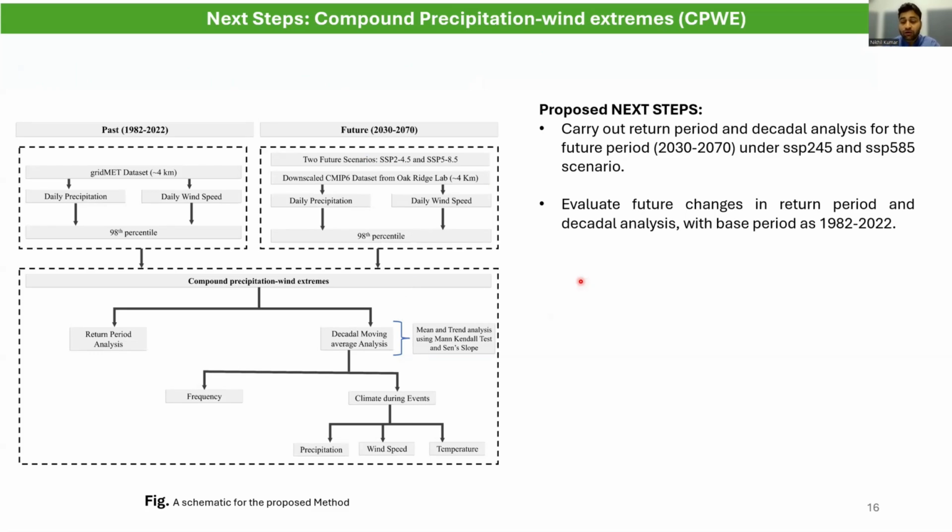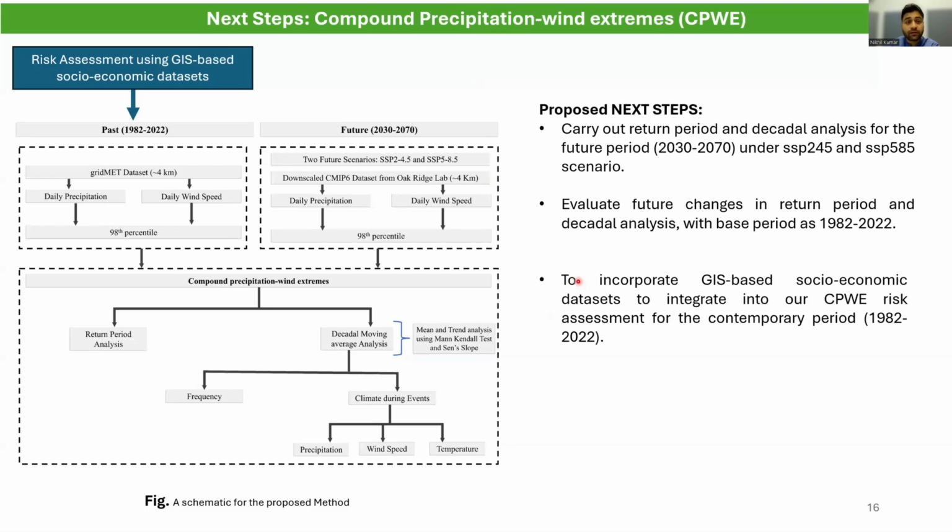But interestingly, we are also adding one more component here, that is the risk assessment using GIS based socioeconomic datasets for our contemporary analysis. So, this is another objective here, to incorporate GIS based socioeconomic datasets to integrate into our risk assessment for the past.